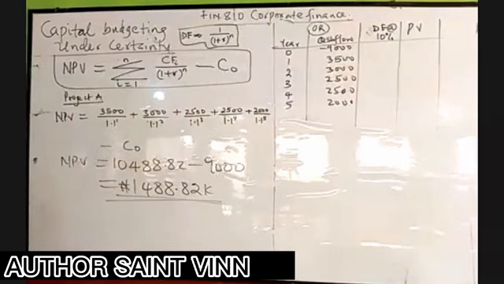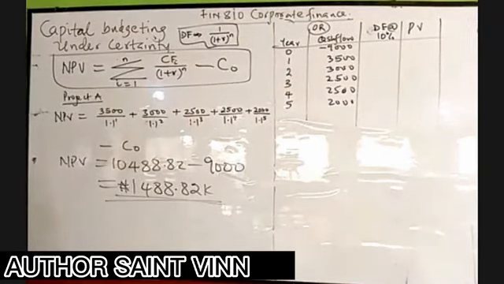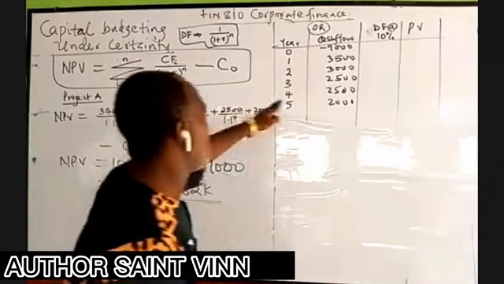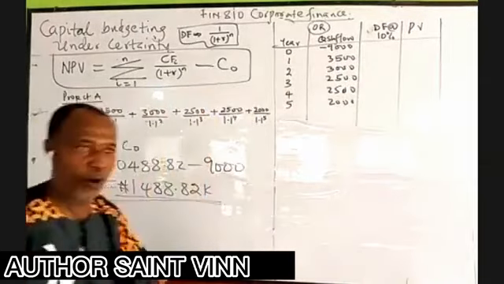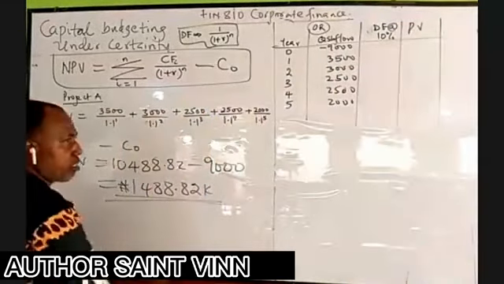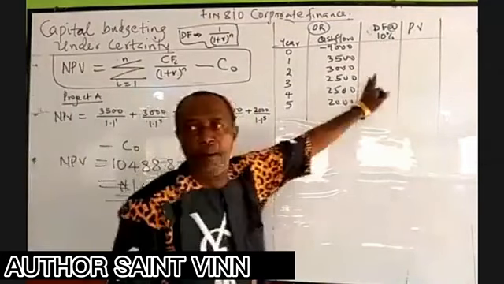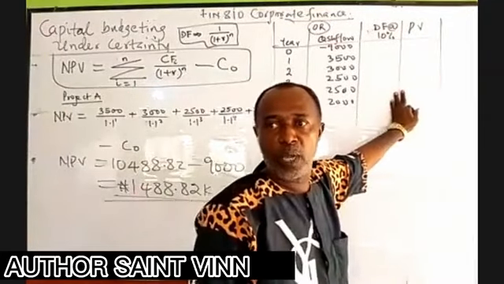The formula is 1 over 1 plus R raised to power N. For us to use this method to solve this same question, this is the tabular form. This is just our formula straight, and we'll get it. But this is our tabular form, which we can use.